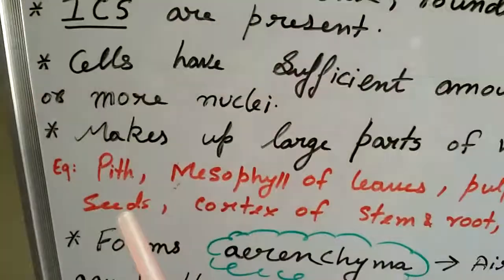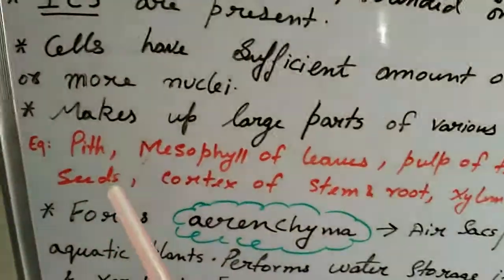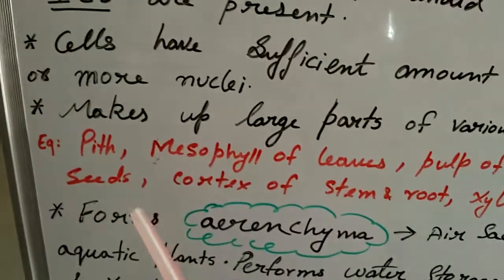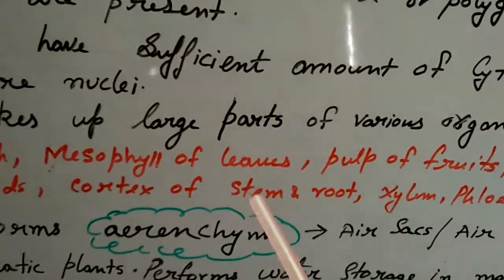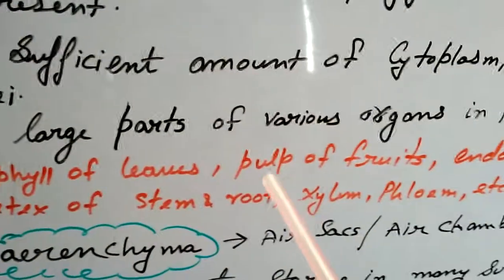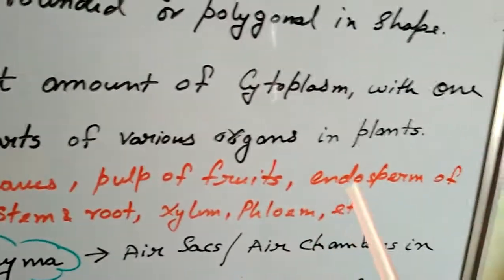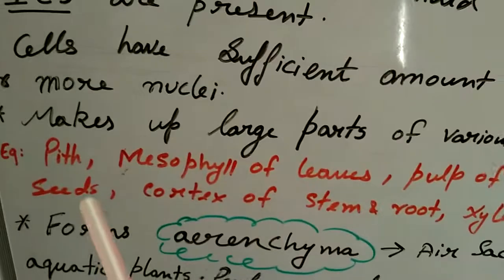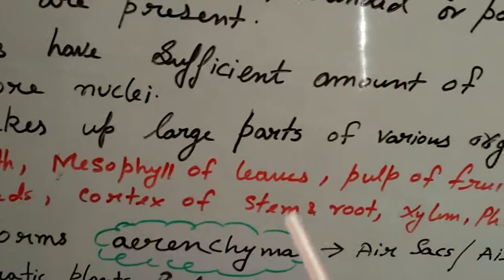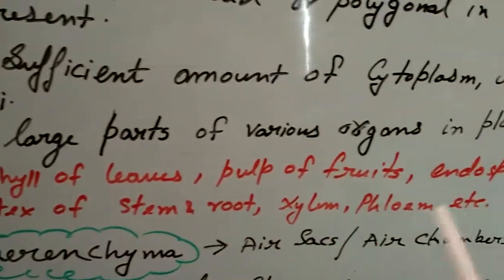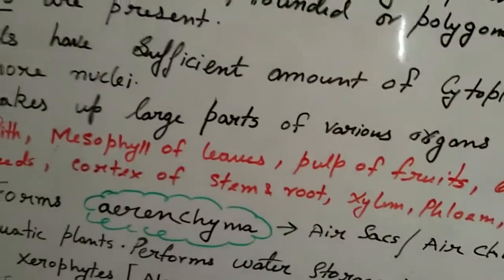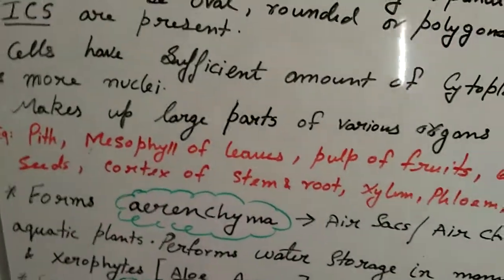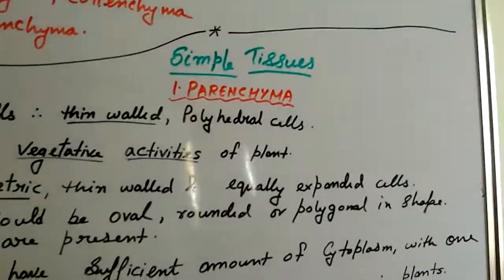And few examples of parenchyma tissue are pith, mesophyll of leaves, pulp of fruits, endosperm of seeds, cortex of stem and root, xylem and phloem, etc. So these are some very important examples under the heading parenchyma.